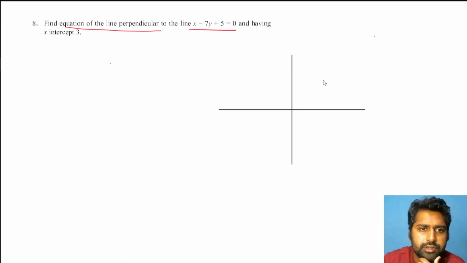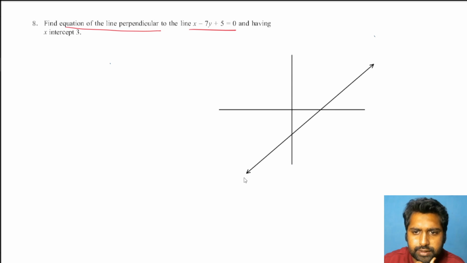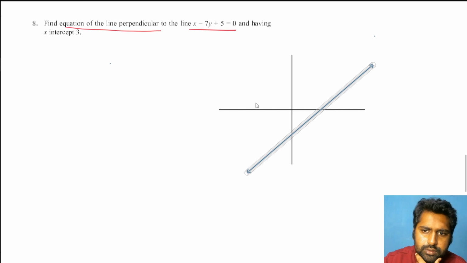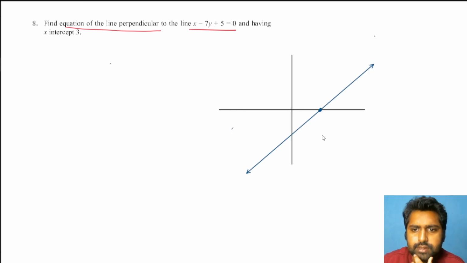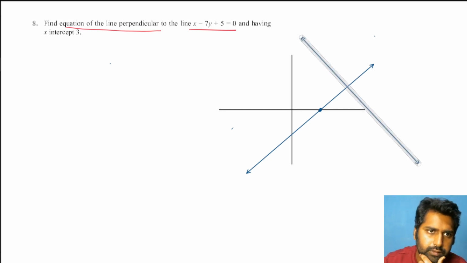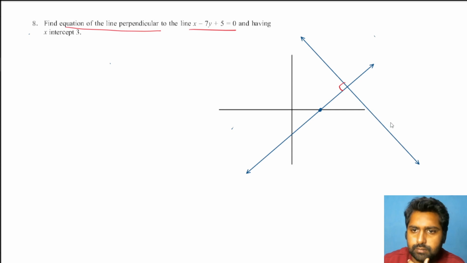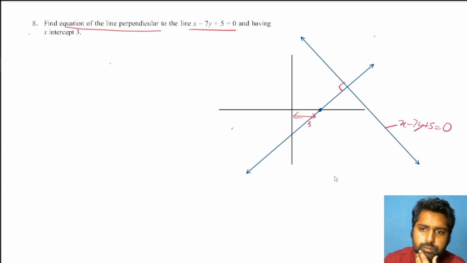We have a line with x intercept 3. If nothing is said, then it is by default positive 3. Here it is intersecting, and there is a line which is perpendicular to it. The two lines are perpendicular, having x intercept as 3, and this line will be x minus 7y plus 5 equal to 0.